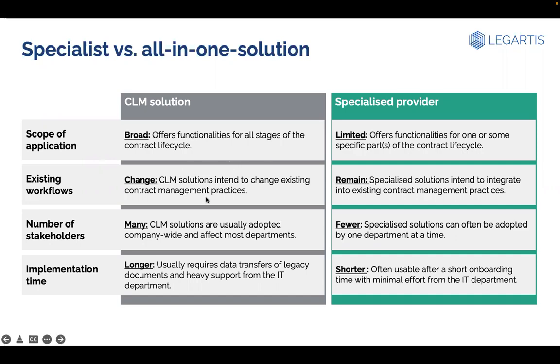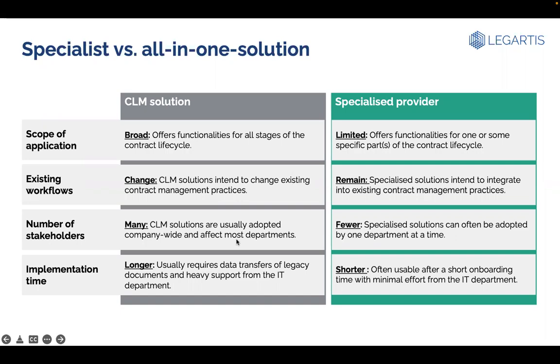A CLM solution, a contract management solution, will intend to change the way that you manage contracts in your organization today. Of course, it's intended to change for the better, but you will change the way that you've been handling your contracts so far. That's generally different for specialist solutions. They will try to integrate into the contract management practices that you have today. And so you can continue to manage your documents as you wish.